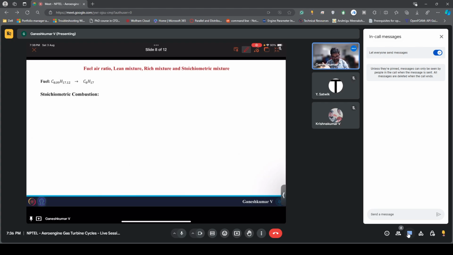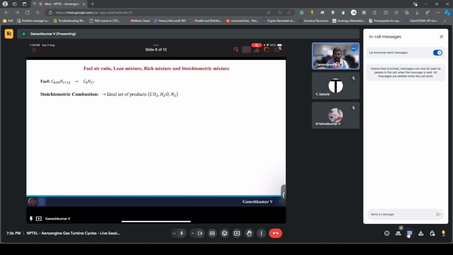For example, if you combust a hydrocarbon, the combustion is nothing but an oxidation reaction. If you combust a hydrocarbon, what you would expect is, in the presence of air, you want this carbon to convert completely into carbon dioxide. You want these hydrogen atoms to get completely converted into water, basically steam in this case.